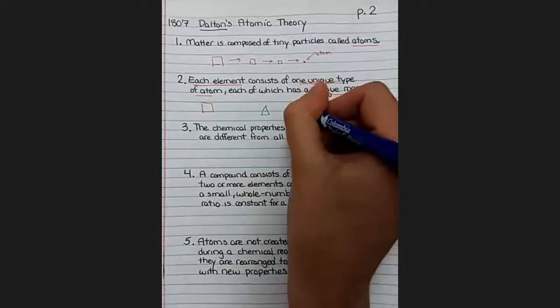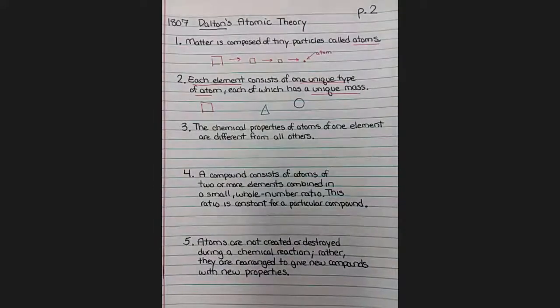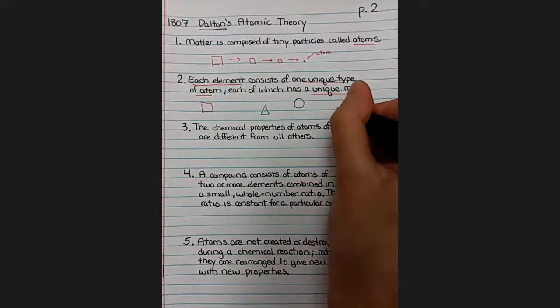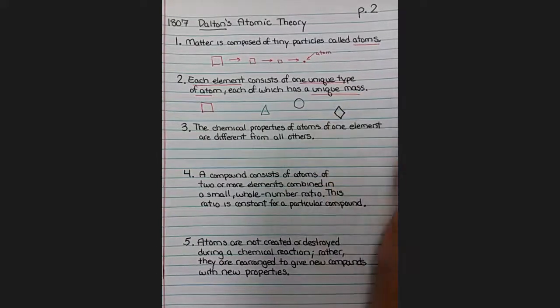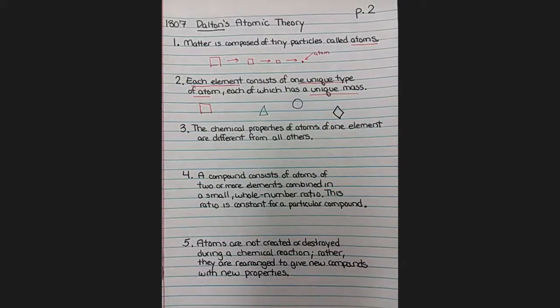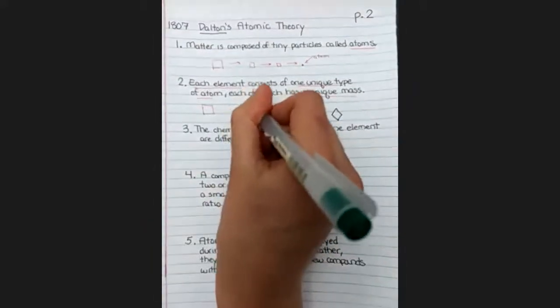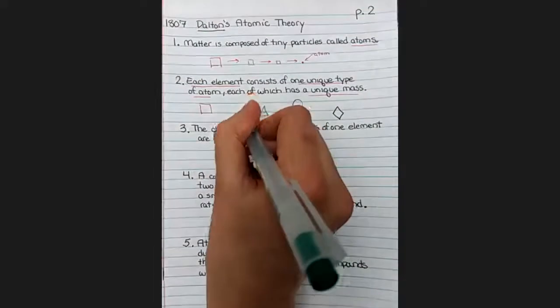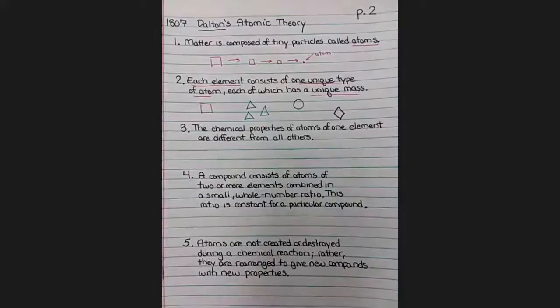You might have an oxygen atom that has a different mass. You might have silicon that has a different mass. By the way, this is definitely not what atoms look like. But what this says is that anytime you find a carbon atom, every carbon atom is going to have the same mass and it's going to have the same properties.